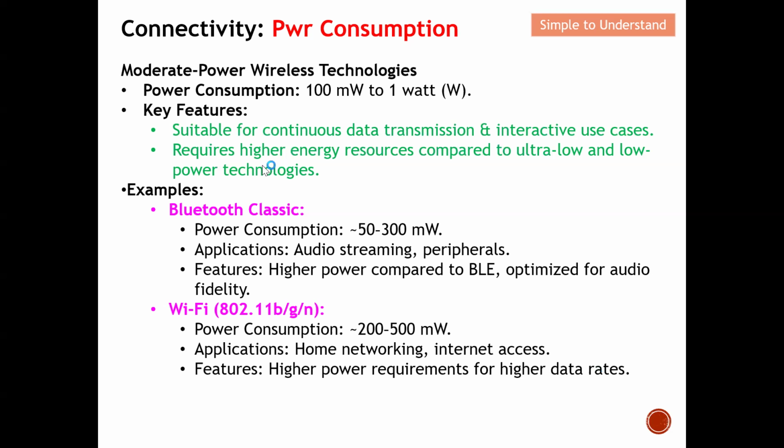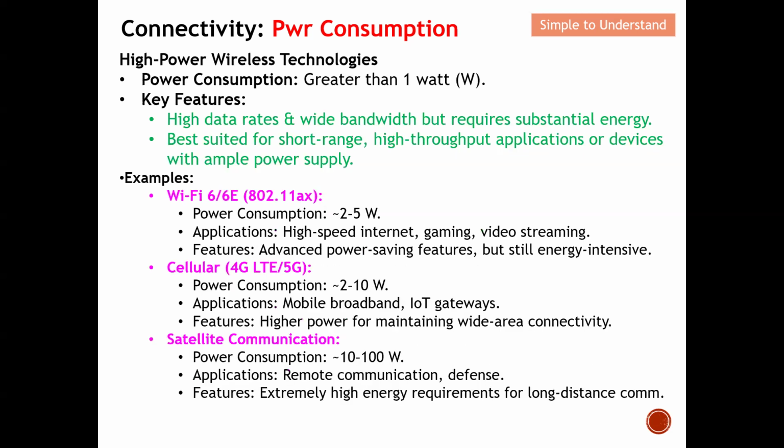Let's take a look at the last one, which is the high power wireless technology. The power consumption typically is greater than 1 watt. Key feature: as I mentioned earlier on, high power to support high data rate, because you need a higher bandwidth so they can achieve higher data rate. This is what we mean by wide bandwidth.